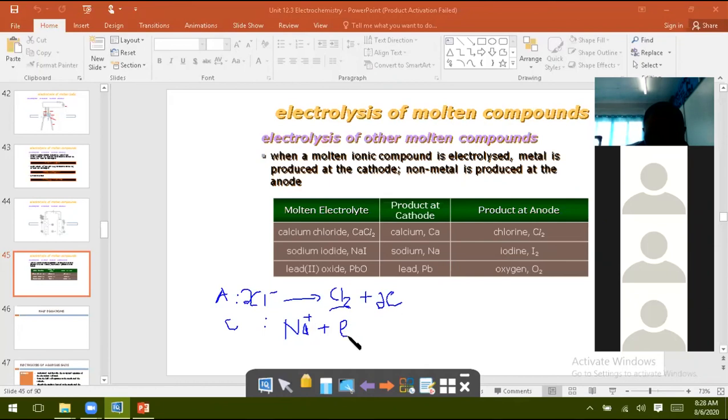So Na+ plus electron will give you Na, right? These are the things that you are supposed to do. You must be able to identify the ions that will go to the electrodes, the half equations at each electrode, and identify the products.